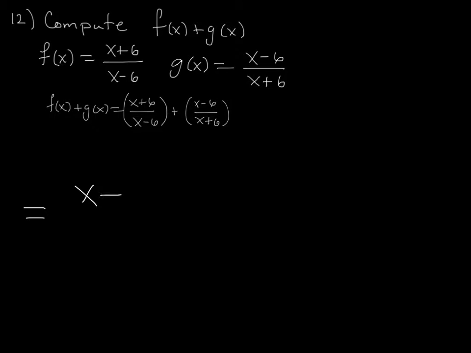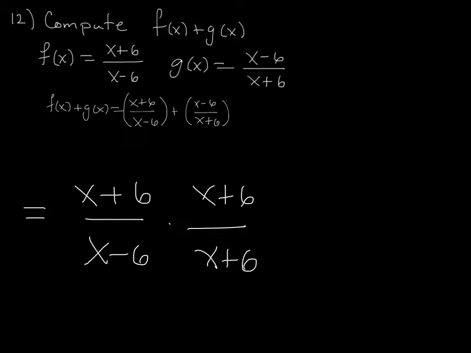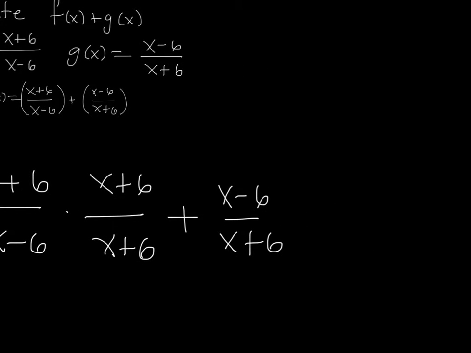So I'm going to multiply the left fraction by x plus 6 over x plus 6. And then to that I'm going to add the next fraction when multiplied by x minus 6 over x minus 6.